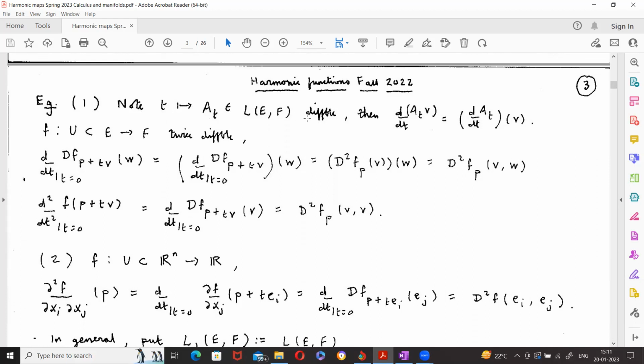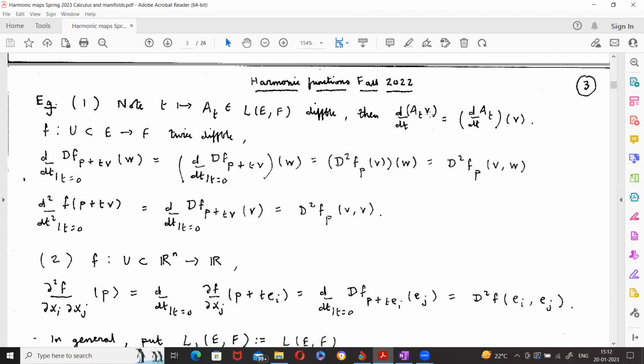If this is differentiable, then if I apply each of these linear maps A_t to a fixed vector V, that gives me a curve in the vector space F. The derivative of this curve, d/dt of A_t V, is easily shown to be equal to the derivative of this family of linear maps, d/dt of A_t, which is again a linear map, applied to the vector V. You can show this as an easy exercise.